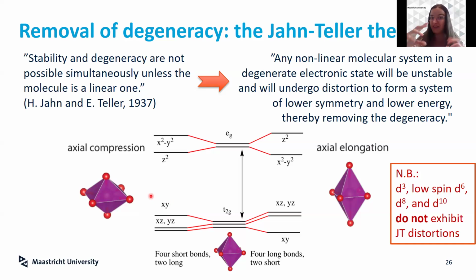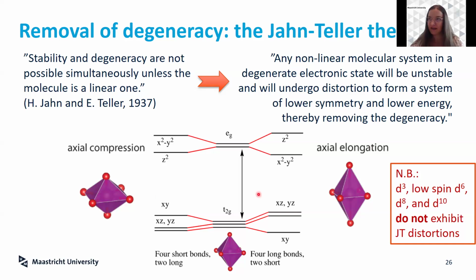So the molecule is slightly changing shape so that it could potentially change the energetic gain of being bonded. Note that there are some electron configurations that by their configuration do not allow, in any case or shape or form, a Jahn-Teller distortion.